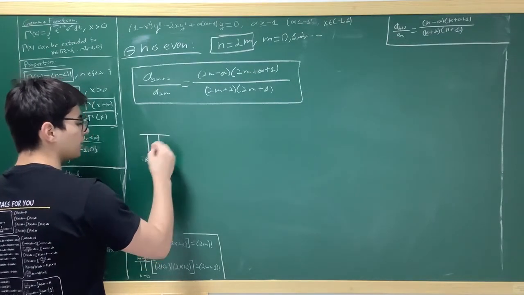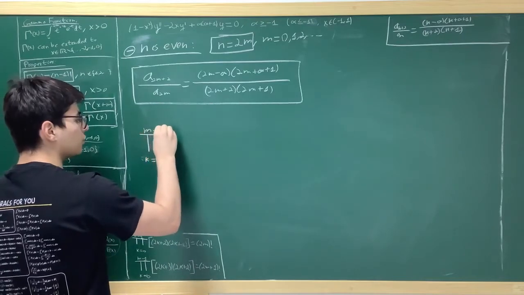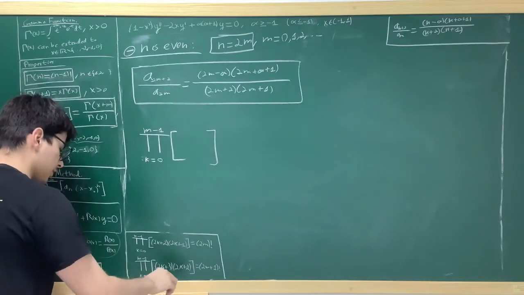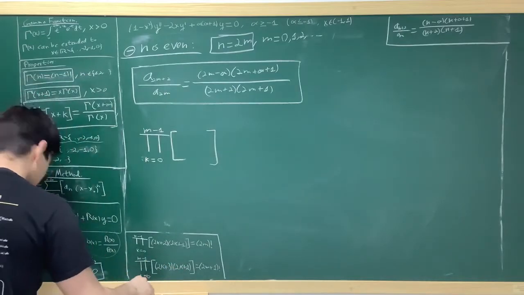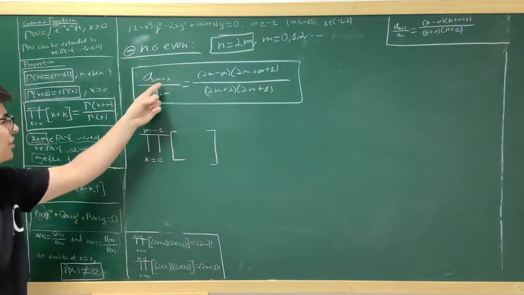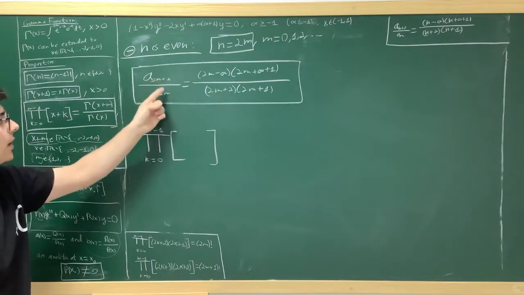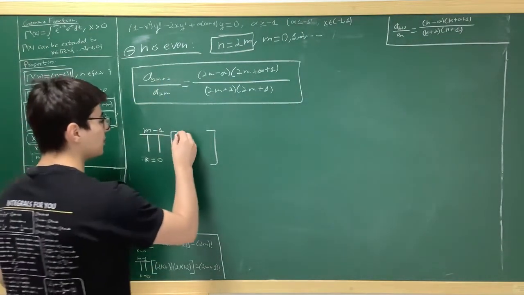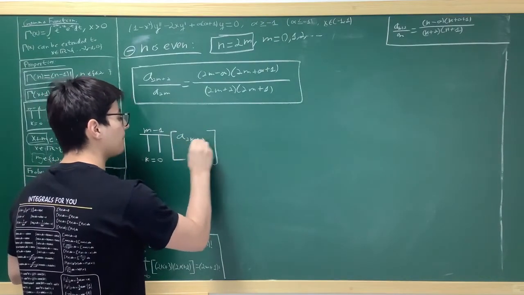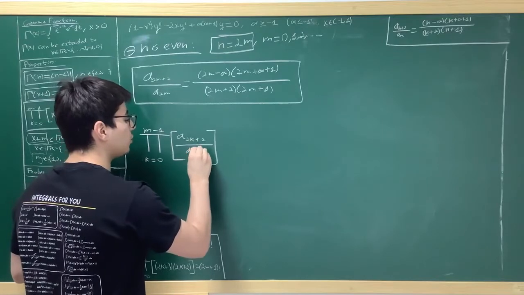Let's just change the index from k to n minus 1 of this. Because we are changing k instead of n, this is a dummy variable, so let's just call it k. So let's just write a of 2k plus 2 over a of 2k.